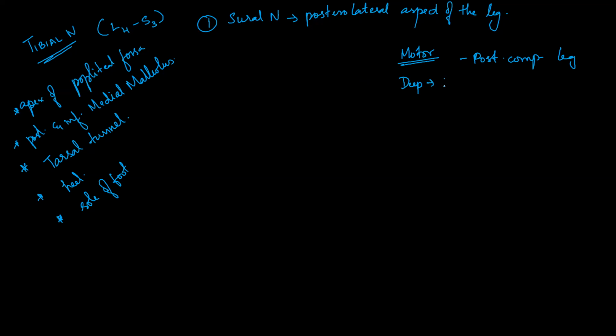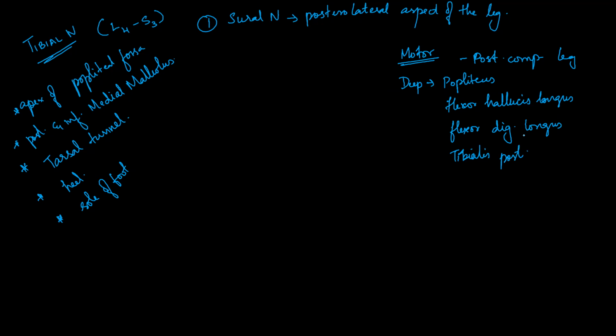Deep muscles are the popliteus, flexor hallucis longus, flexor digitorum longus, and tibialis posterior. These are the deep muscles innervated by the tibial nerve.